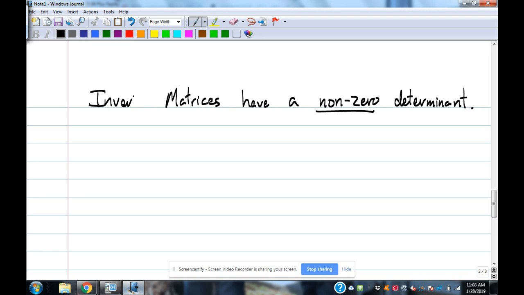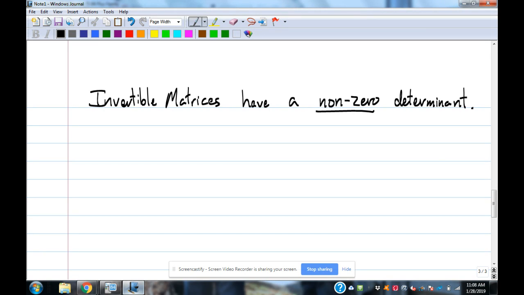Let's change that. Invertible. That's a better way to say it. It's a better word. Invertible matrices have a non-zero determinant. That means the determinant is something other than 0. It can be a positive number, it can be a negative number, and it's okay. If it's anything other than 0, you can find the inverse.